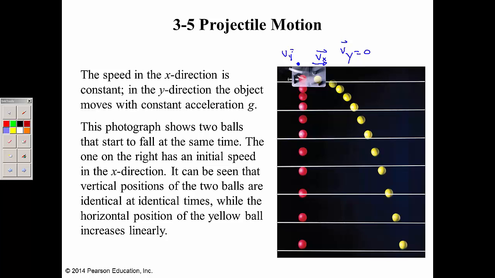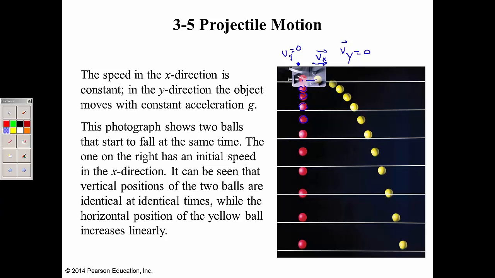It had no x velocity and it had no y velocity. Now we know that it's going to accelerate downwards, changing velocity as a function of time, and the position increasing quadratically as a function of time.